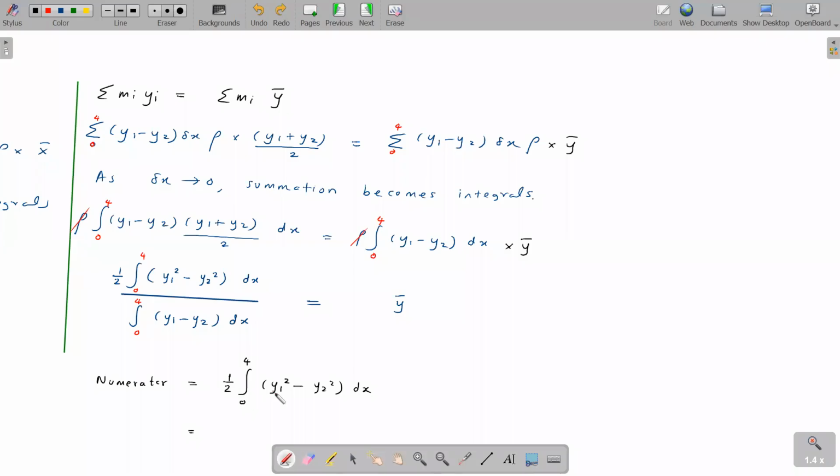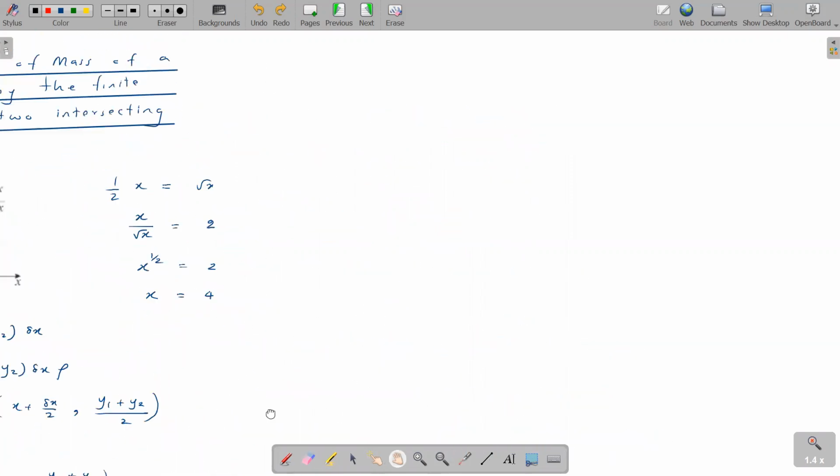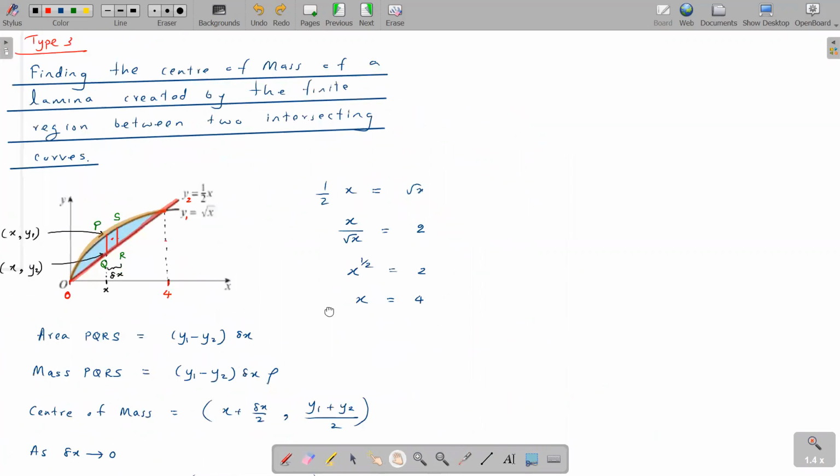I'll put the half here as well, or else we might forget it. So I took the full thing: half times the integration of y1 square minus y2 square with respect to x. What was y1? y1 is root x, y2 is half x.